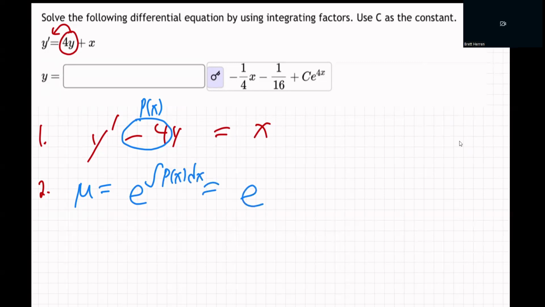In this case, that's e to the integral of minus 4 dx, because that is the p of x. And so what does that equal then? E to the minus 4x, right? That's the integral, because the derivative of minus 4x would go right back to minus 4, wouldn't it? So that's what we call the integrating factor.